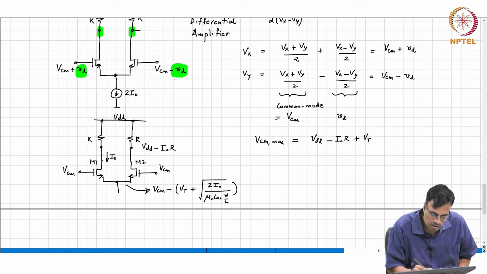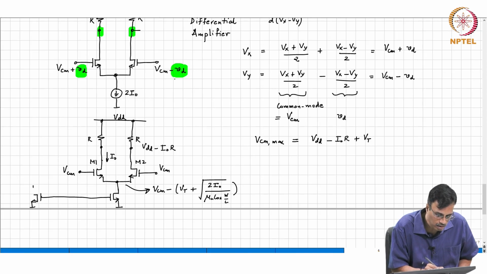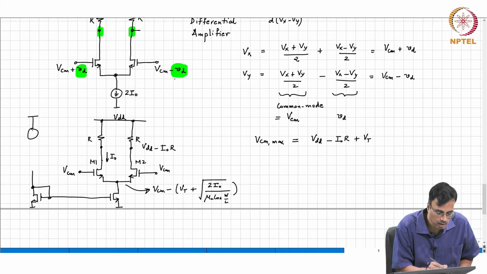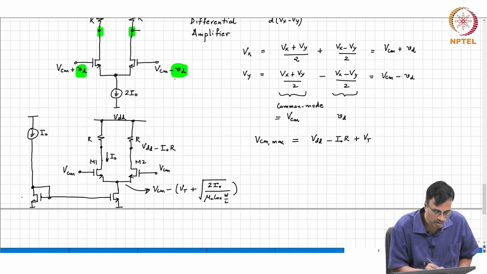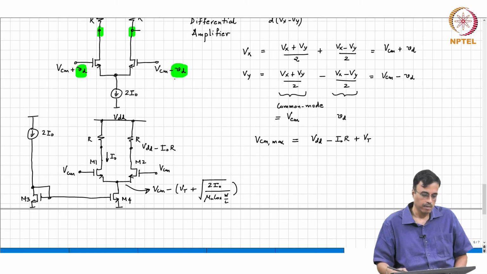So, you put a, all right. So, for example, here is M3, M4, let me call this 2 I naught, all right.